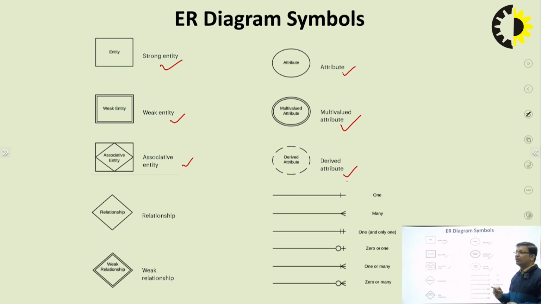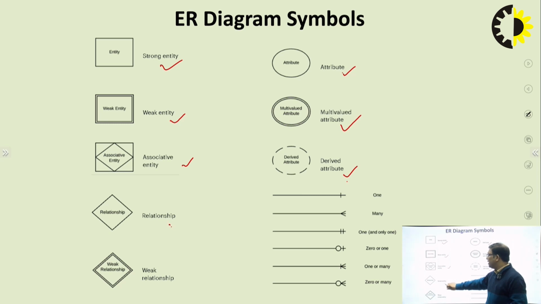Derived attribute: what is a derived attribute? If the database accepts the date of birth, we can calculate the age based on the date of birth. We can calculate today's age. How? Just subtract the inputted date of birth from the current date, and we get the correct age of that person.